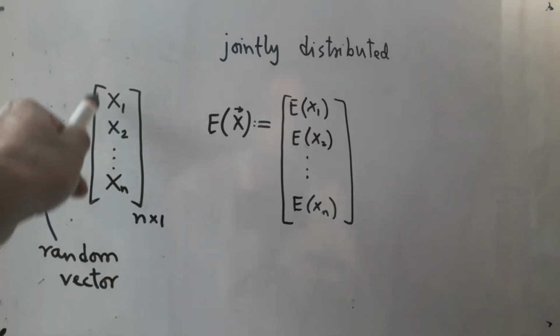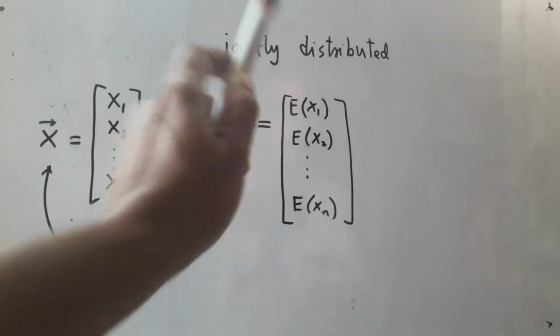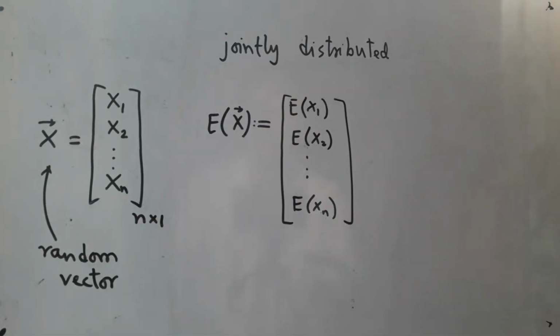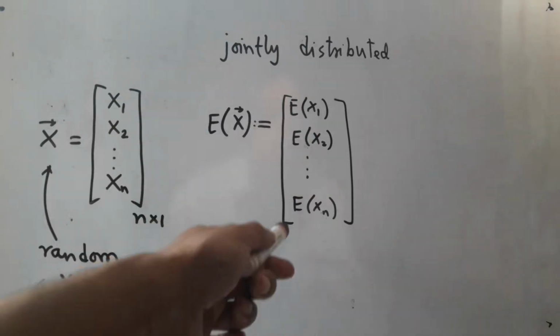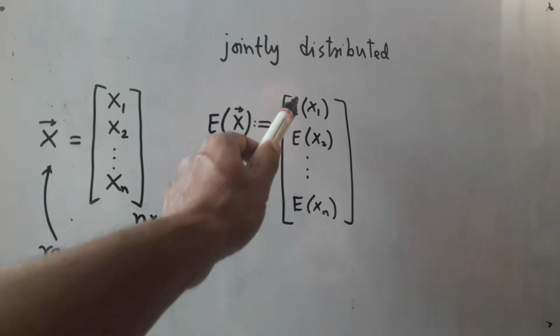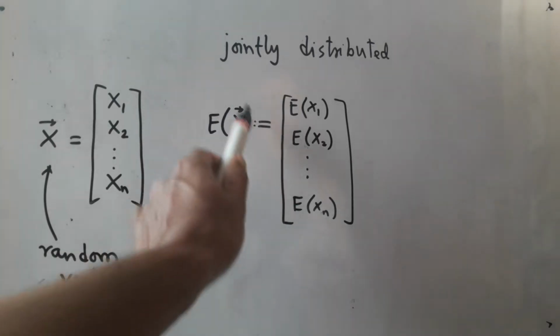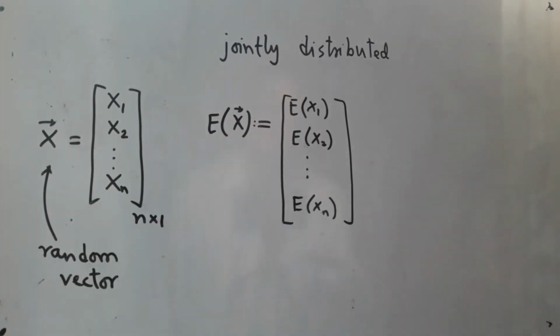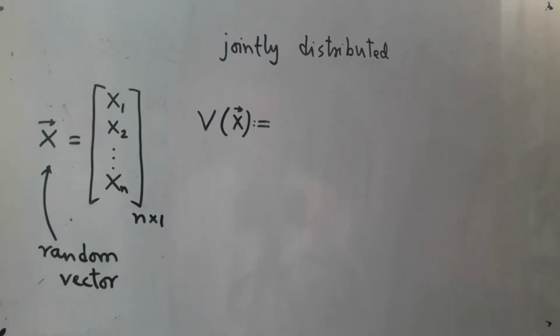Since these are just random variables, I already know how to take expectation of each component. I just stack them together and I get expectation of x. If even at least one of them fails to exist, I will say expected value of the vector x fails to exist.